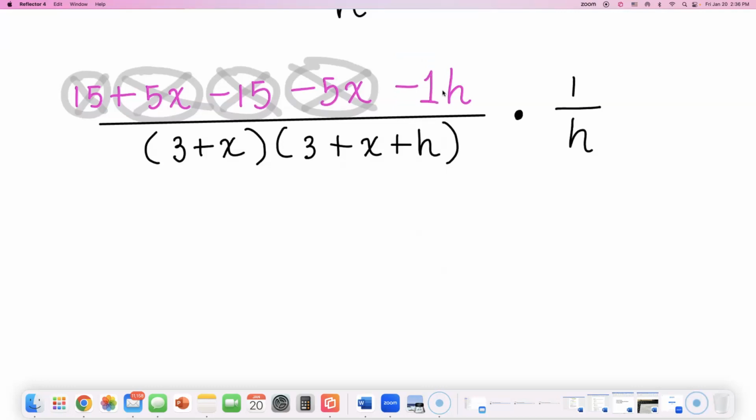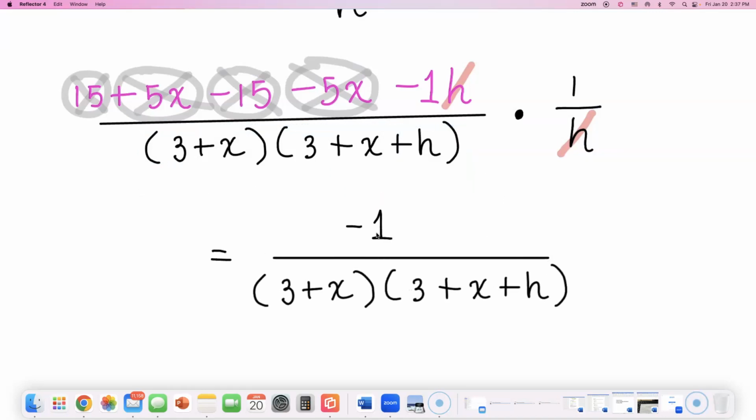I'm writing this because I am about to cancel out this h too. Notice we have h on top of this first fraction and on the bottom of this fraction. So h cancels out. So the only thing left on top of this fraction is negative 1, all over this old denominator. I just copied it down, okay?